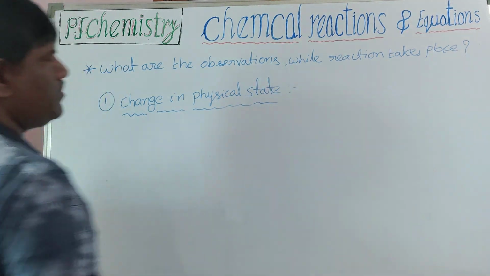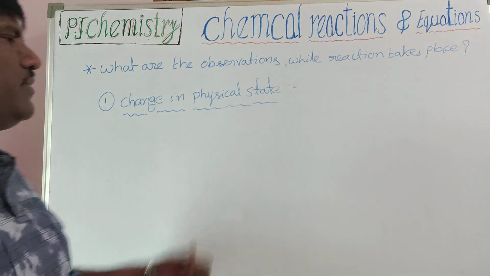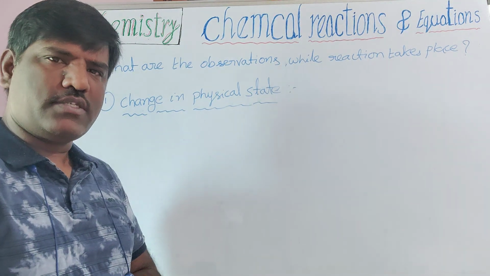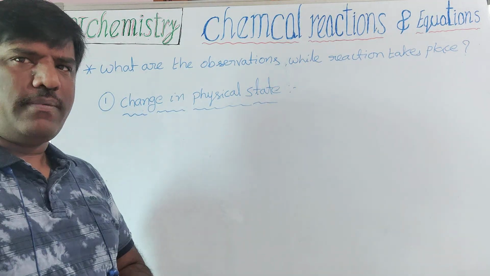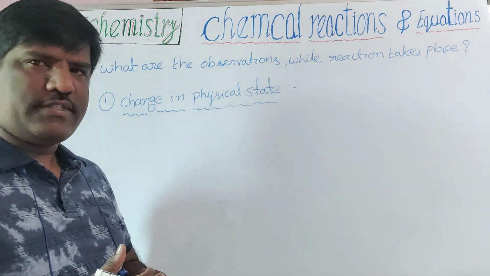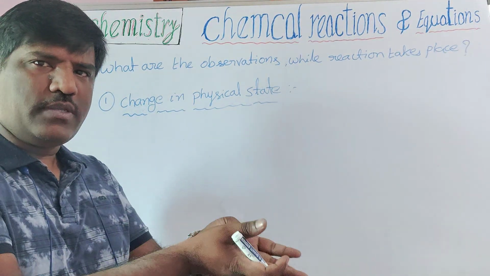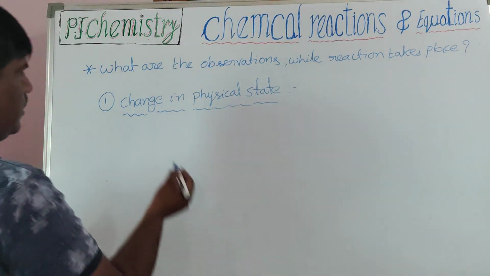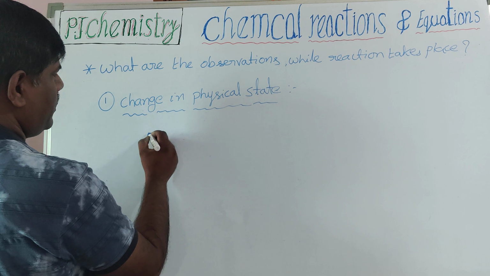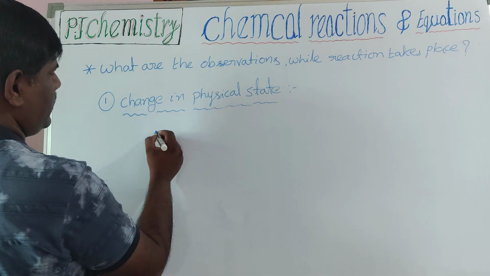What are the observations while a reaction takes place? First, change in physical state. In any reaction, if you observe, there are changes in the physical state, solid to liquid in the product, or gas in the product. So here are some examples for change in physical state.